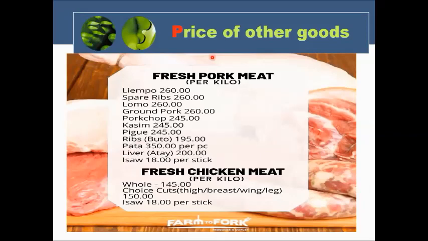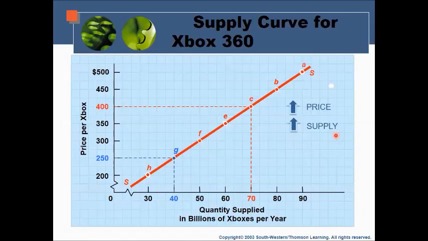If you see, there is a big difference between the price of pork and chicken meat. So instead of buying pork, we prefer to purchase chicken meat. So there is substitution in terms of the pricing. That's the other reason why there is a shifting of the demand.